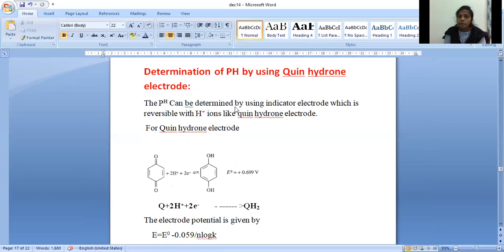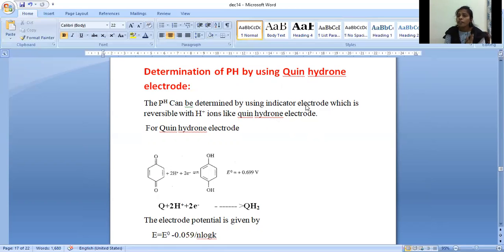So the pH can be determined by using an indicator electrode, that is the quinhydron electrode, which is reversible with H plus ions. Already we have seen that the quinhydron electrode is reversible with H plus ions.